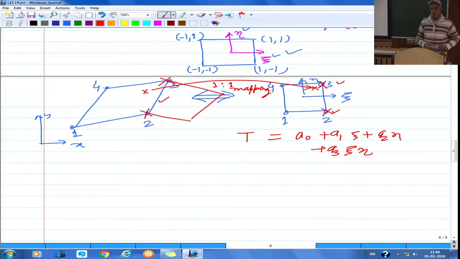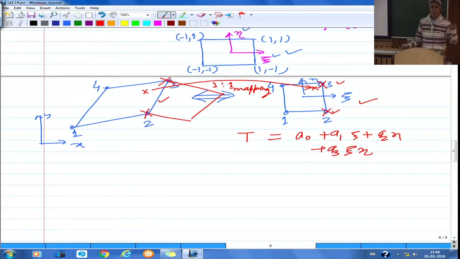But now you will see your element in the physical coordinate space can be a general quadrilateral element. When you do the interpolation of the field variables, in this case temperature, in terms of natural coordinates, that is xi and eta, that is in natural coordinate space, we call this the master element in the natural coordinate space.